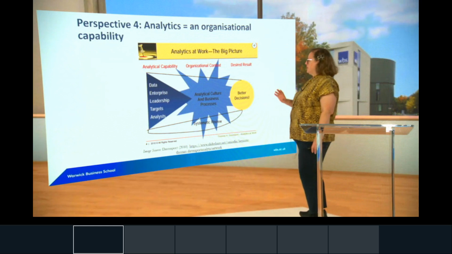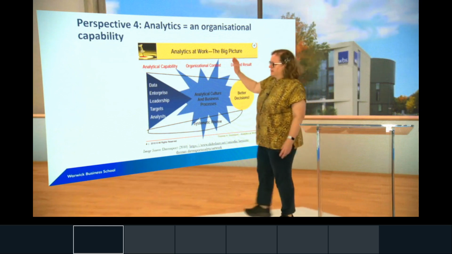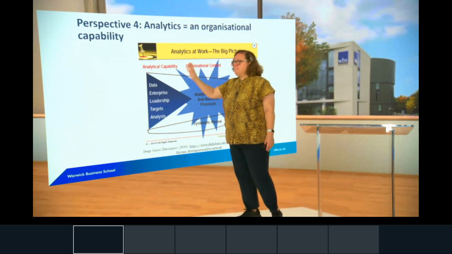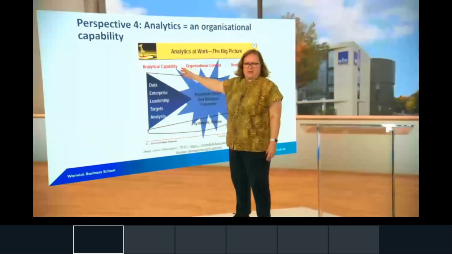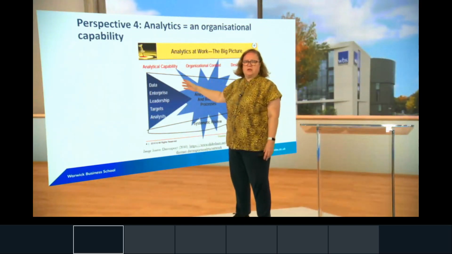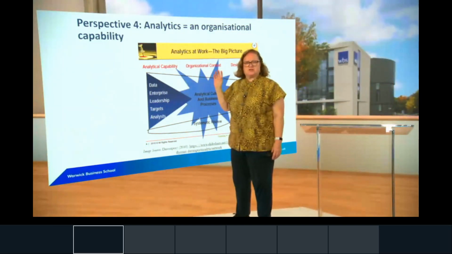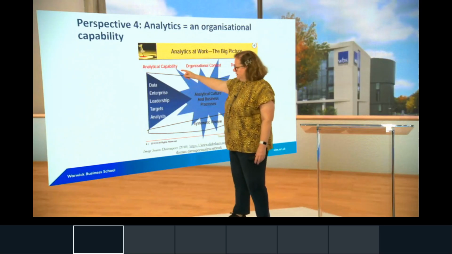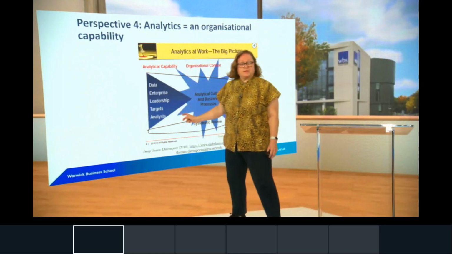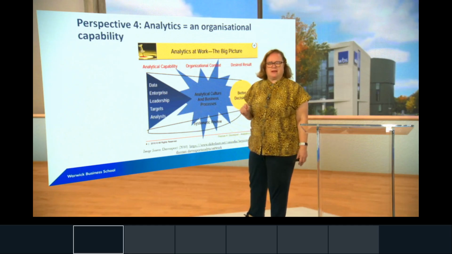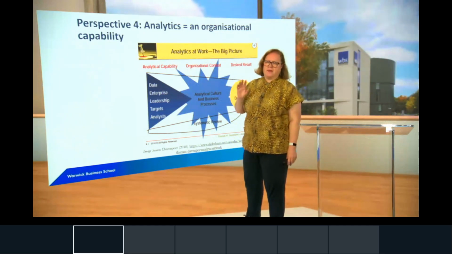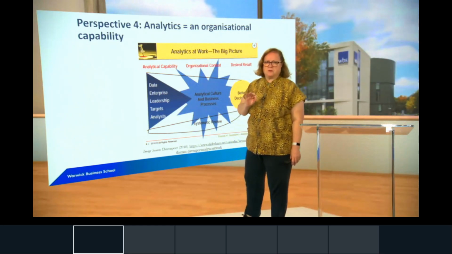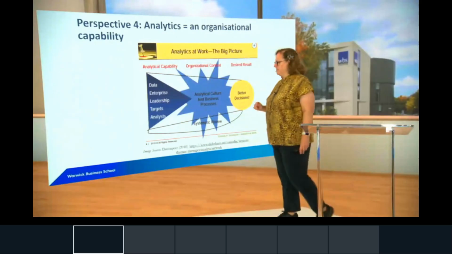And he has three angles, if you like. First of all, what do you mean by an analytics capability? Davenport gives us a really useful framework to describe an organization's analytics capability. And it's called the Delta, or the Delta Plus, because he amended it after some years of work. And that's what we're going to use in this module, the Delta Plus framework.